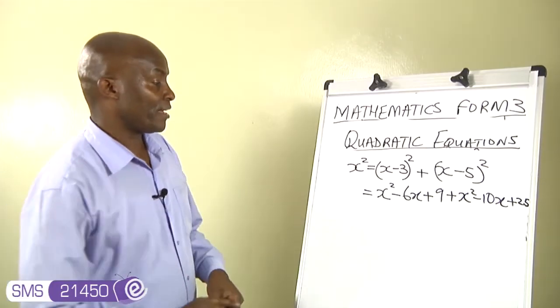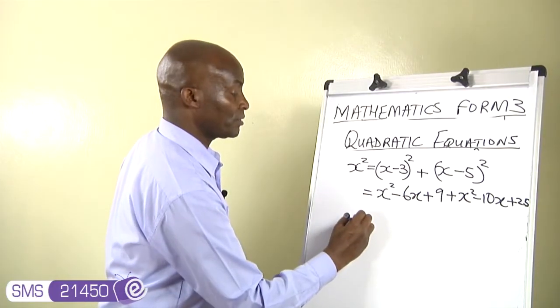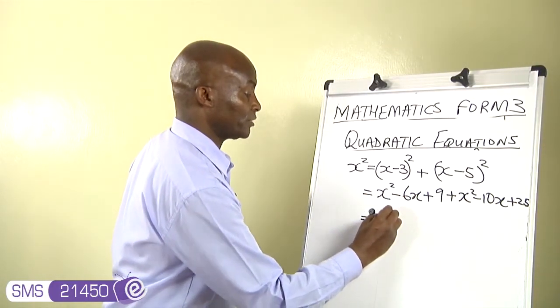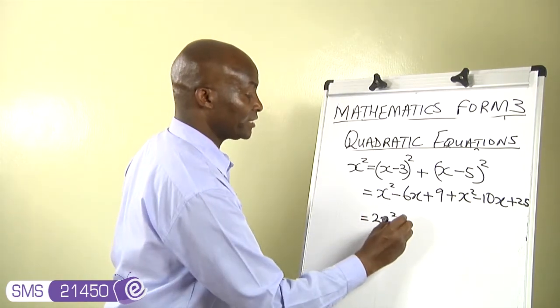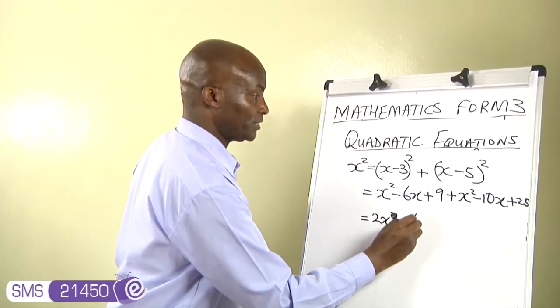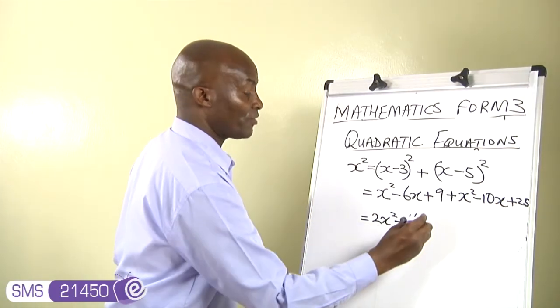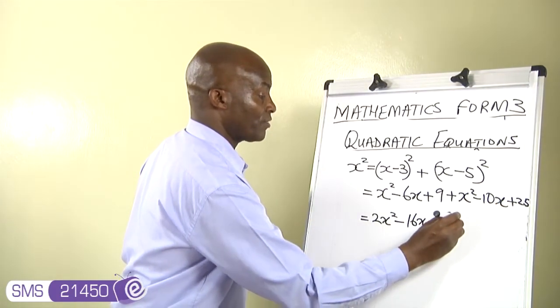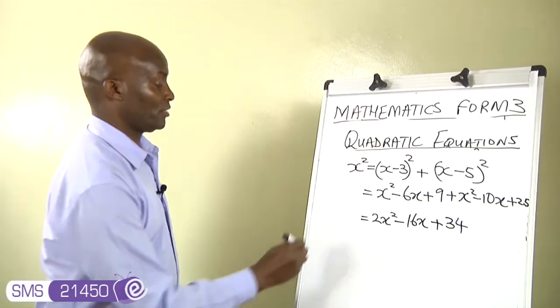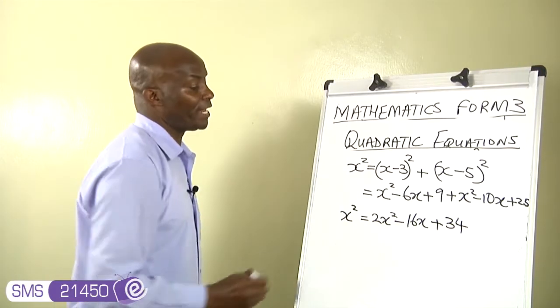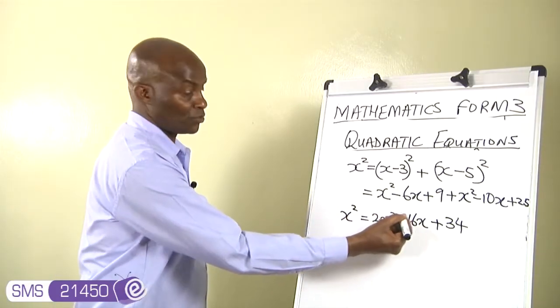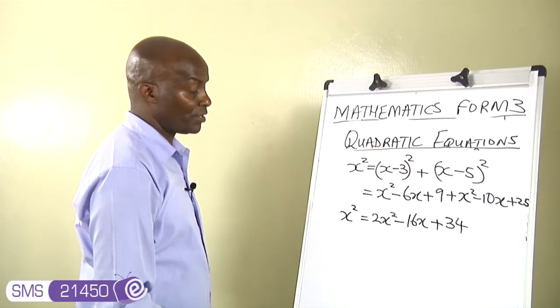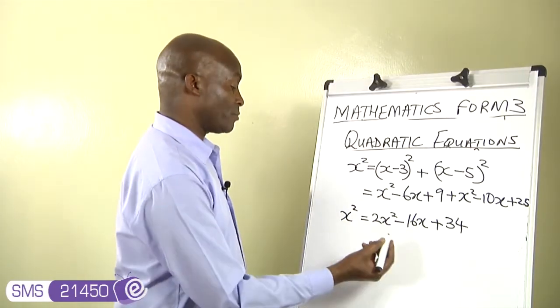So adding the like terms, this becomes 2x squared. Then we have negative 6x minus 10x, which is negative 16x. Then 9 and 25 gives you 34. So this is equal to x squared. We take the x squared to the right side of the equation, and it becomes negative.